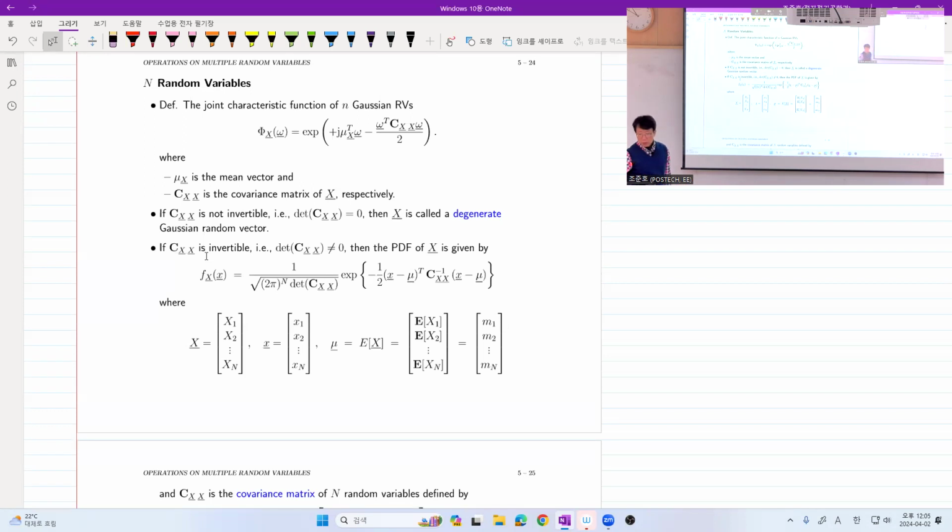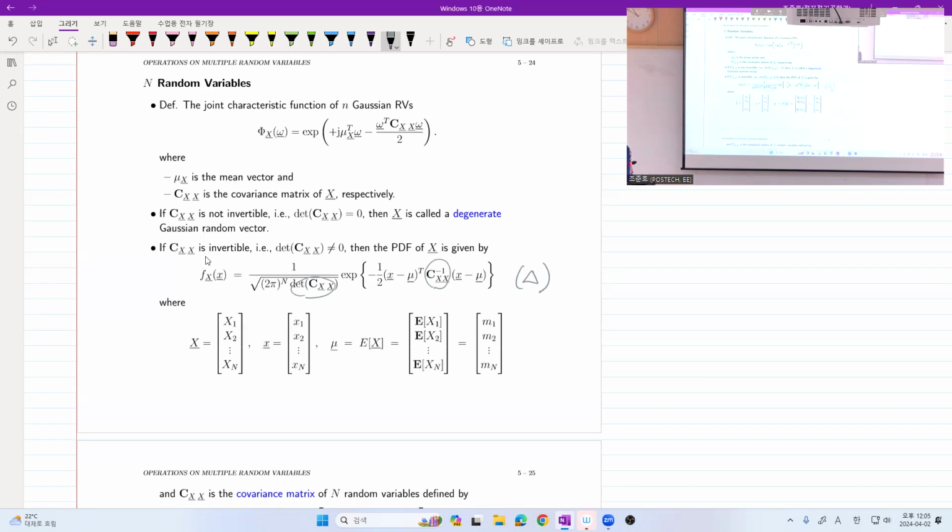So what happens? Actually, this inverse may not always exist. Whenever you have an inverse, be careful. Okay? This determinant may be 0. So actually, this is a half complete description of joint Gaussian random variables.